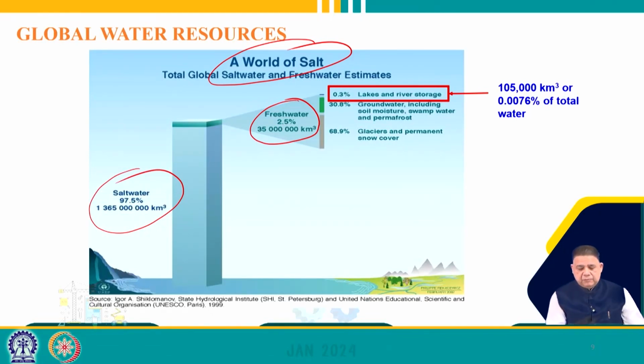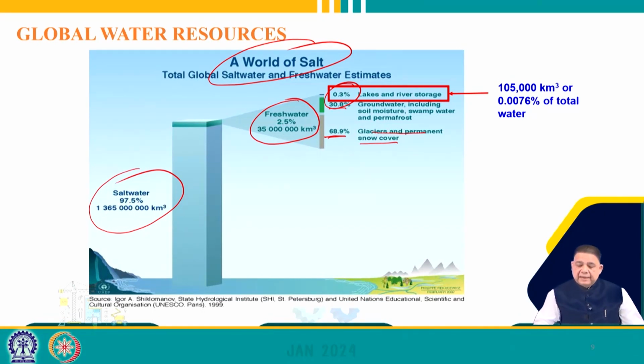And out of this 2.5% fresh water, around 69% lies in glaciers and permanent snow cover, 38.8% is groundwater including soil moisture, swamp and permafrost, and only 0.3% of water lives in what we can really see with our naked eyes, that is in lakes and reservoirs or river storages.